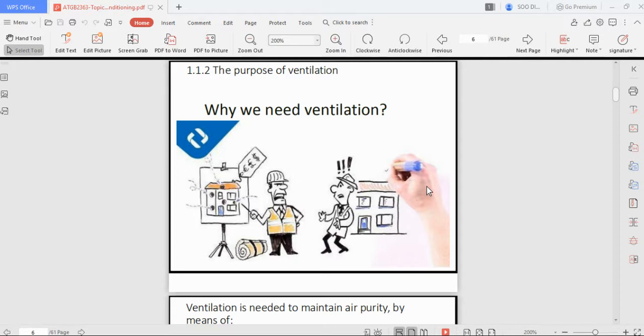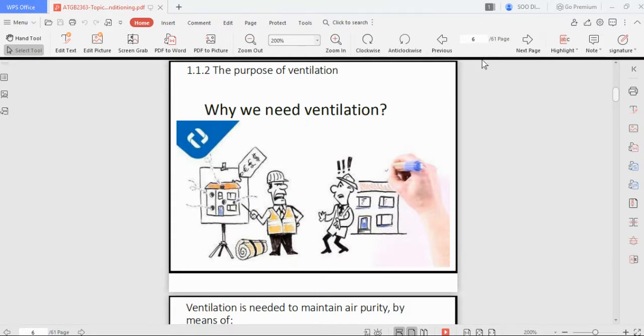So you have a window and you have a fan. The fan will either draw the air in or draw the air out of the room. This is called mechanical ventilation. If it's natural ventilation, then it's just an open window where the natural force, which is the wind, will blow into the room, and this in turn will cause all the air inside the room to be replaced with new fresh air.